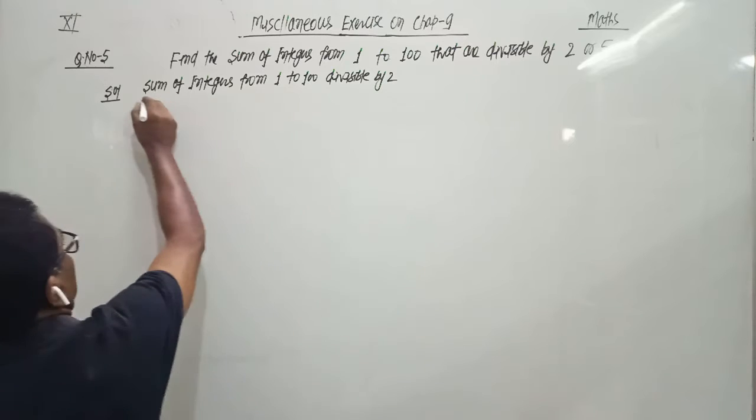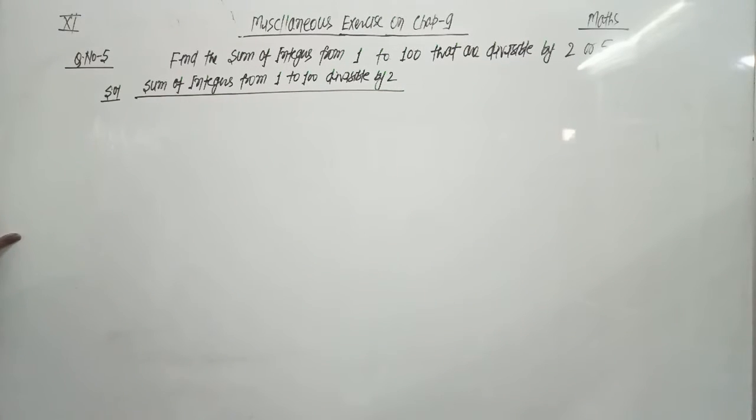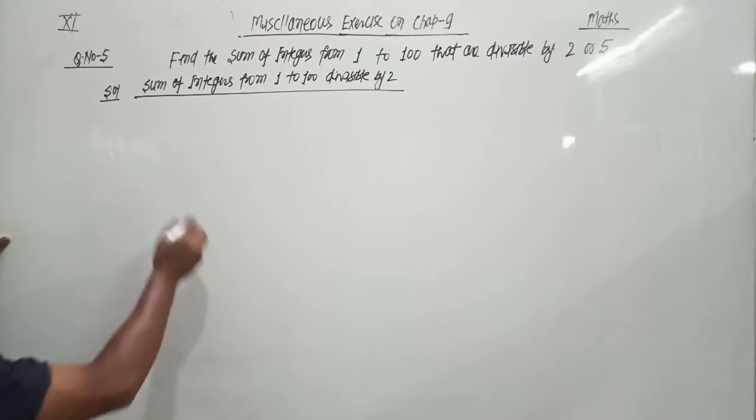First we find the sum of integers from 1 to 100 that are divisible by 2.